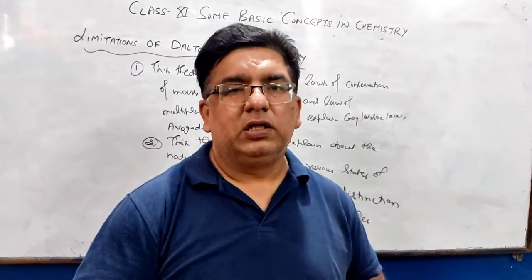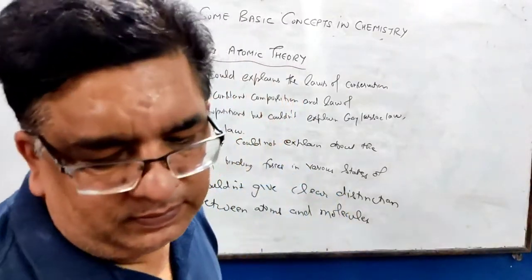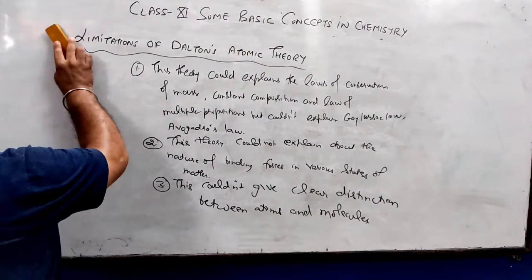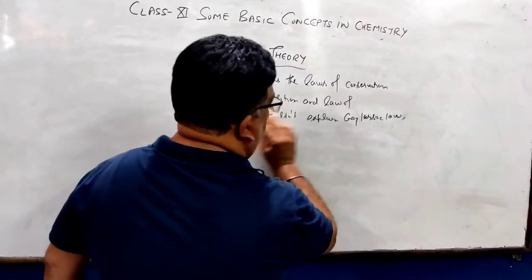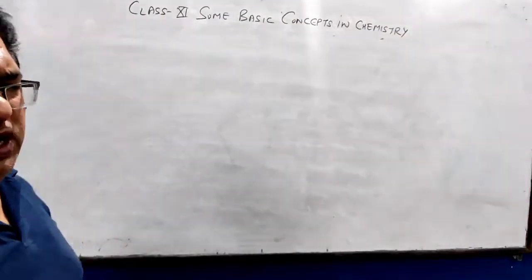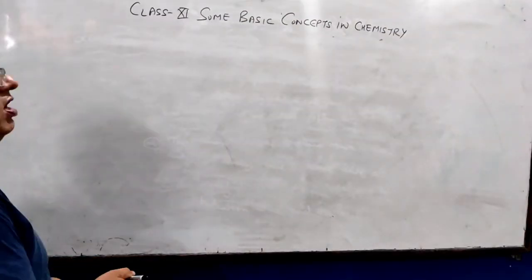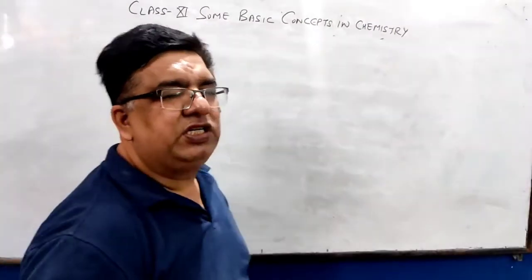So let's study the modern atomic theory or modified Dalton's atomic theory. As the name indicates, modified word indicates that some points can be same and some points are modified.